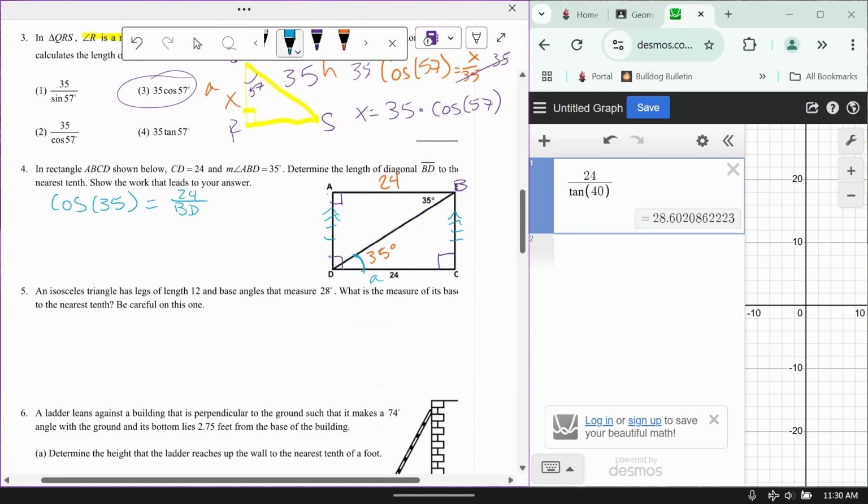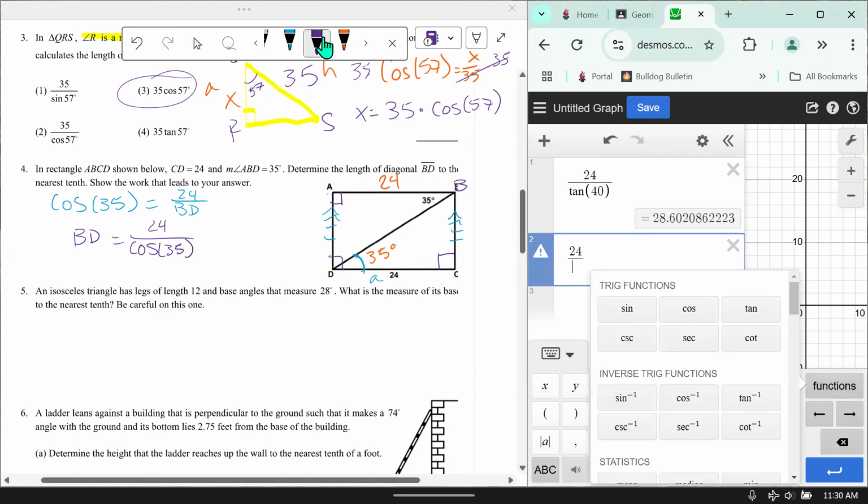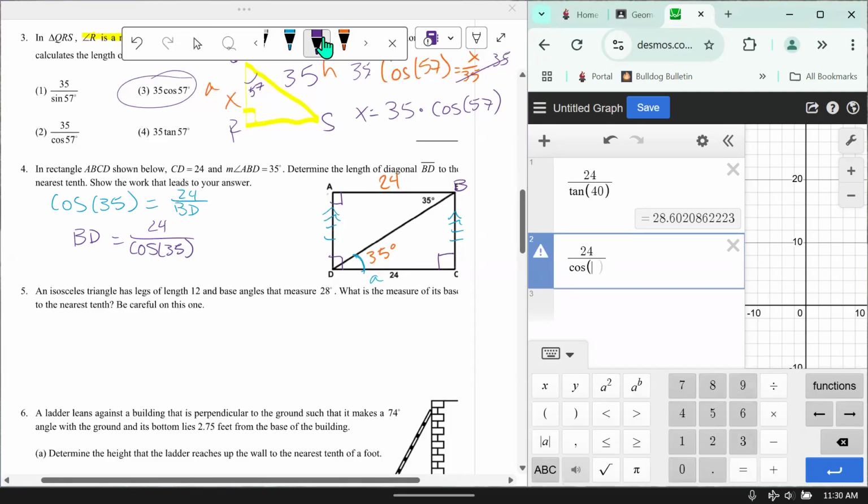All right. Like I said previously, these guys just switch. If you don't recognize that, do the math, multiply out BD. But we get BD equals 24 over cosine of 35. So let's plug it in. 24 divided by function cosine of 35, and that should be 29.3.